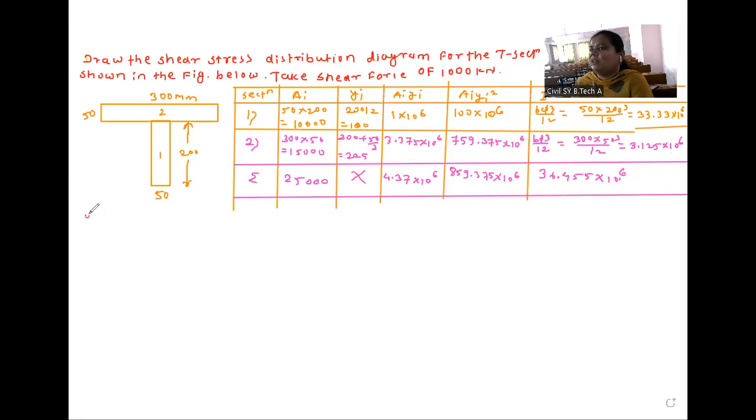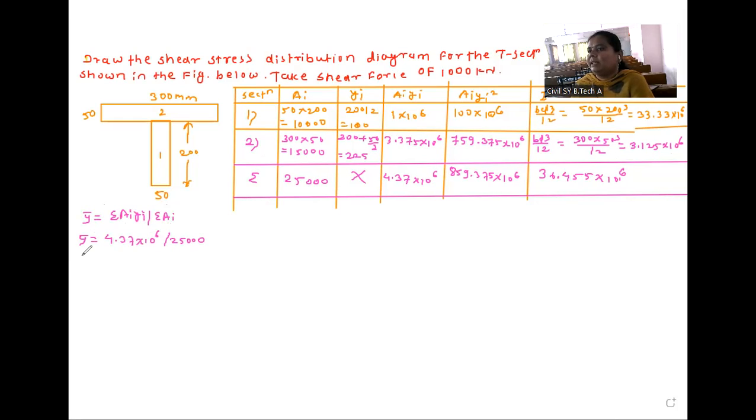After that, we will calculate y bar. So y bar is equal to summation of ai yi divided by summation of ai. So y bar is equal to 4.37 into 10 raised to 6 divided by 25,000.